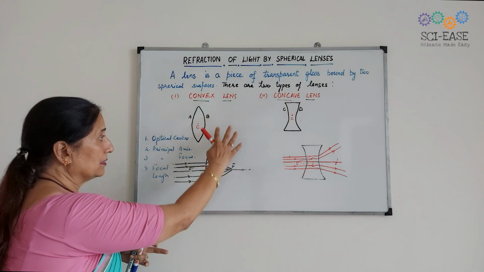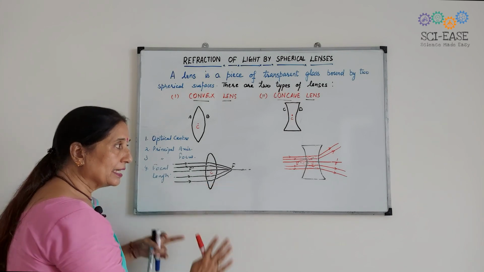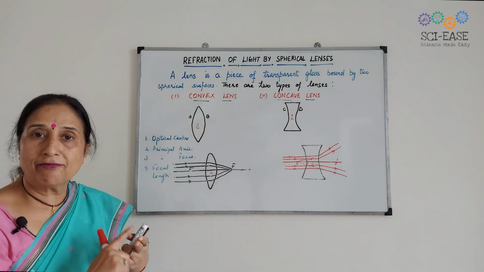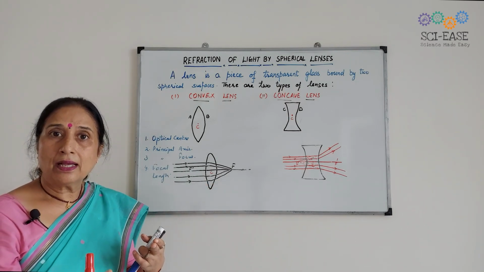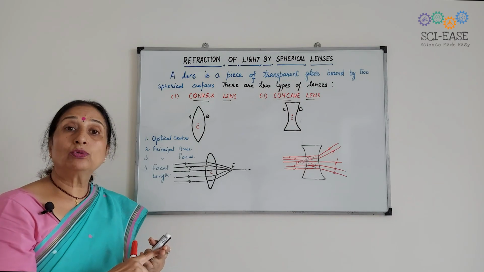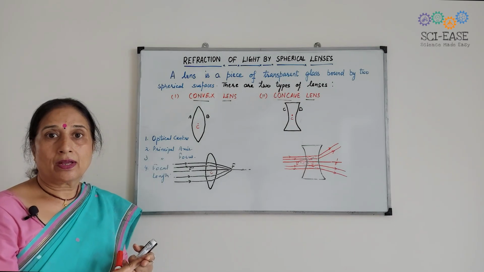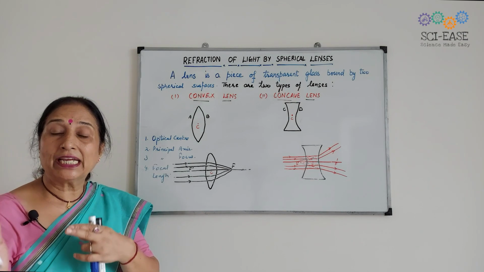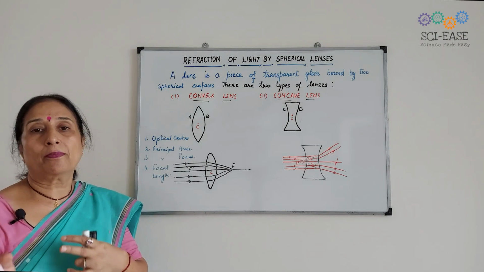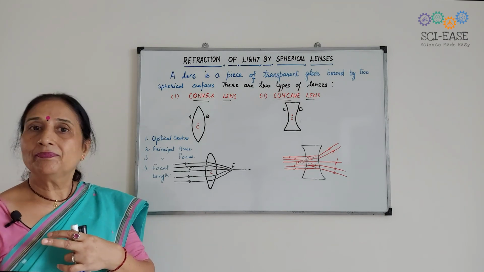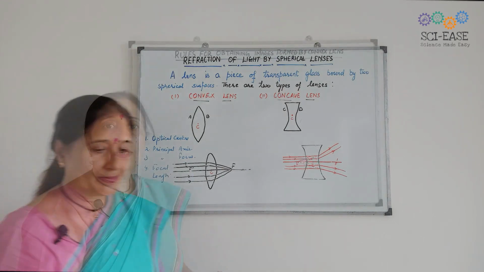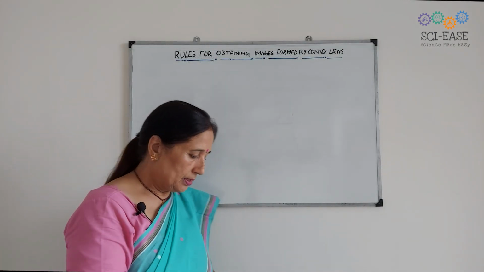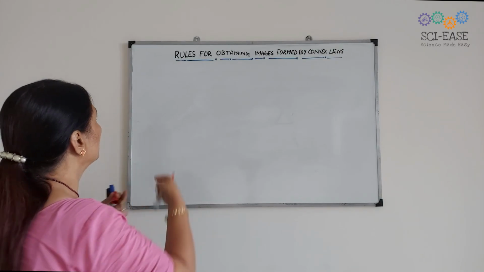So I think these things are clear to you, what convex and concave lenses are. Now I will tell you about the rules by which we can draw the images formed by the convex and the concave lenses. Now the first rule, rule 1.